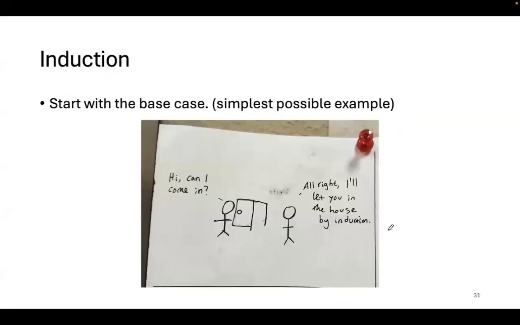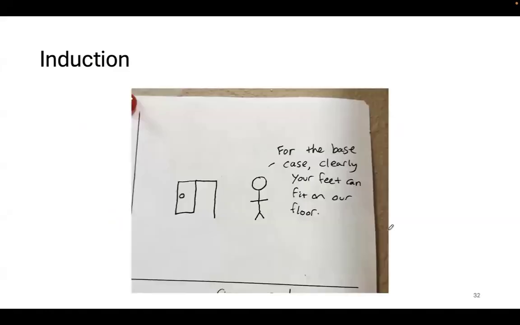Okay. I want to go through a silly example that I think I drew as a student and is up in the math lounge over in Galileo. If we want to invite someone into our house by induction, we start with the base case, right? Your feet clearly fit on the floor.